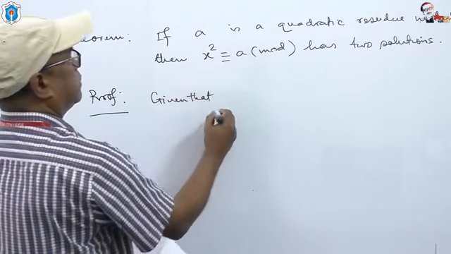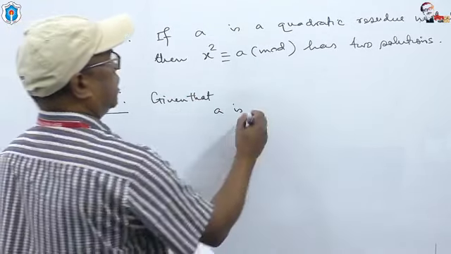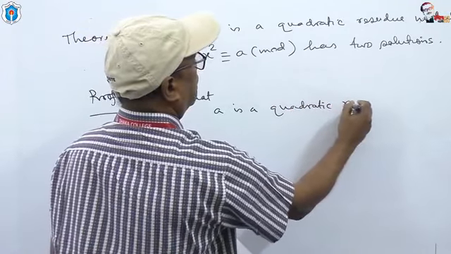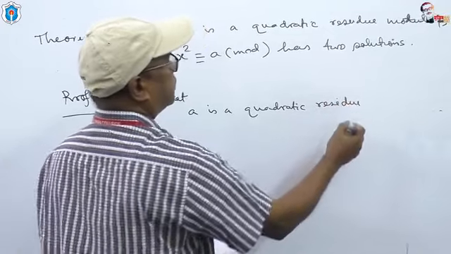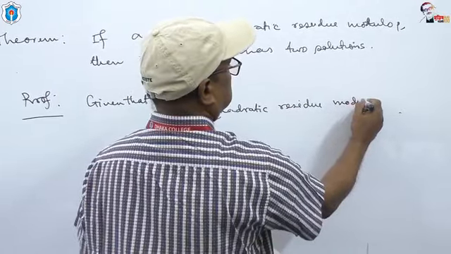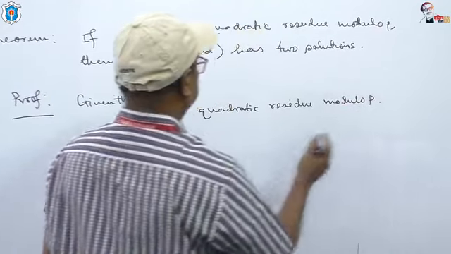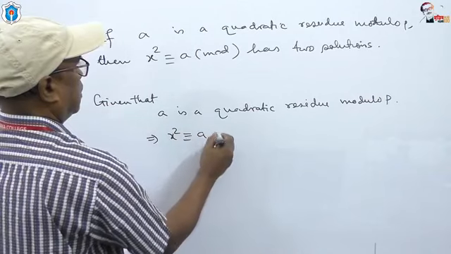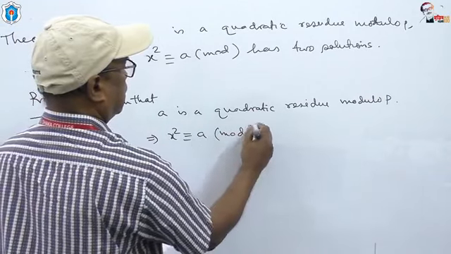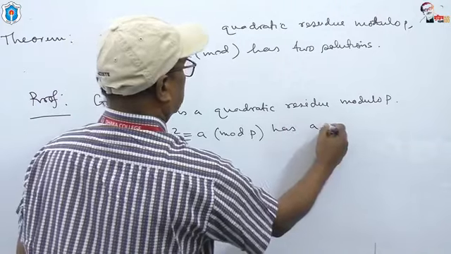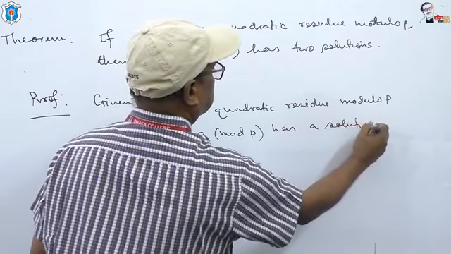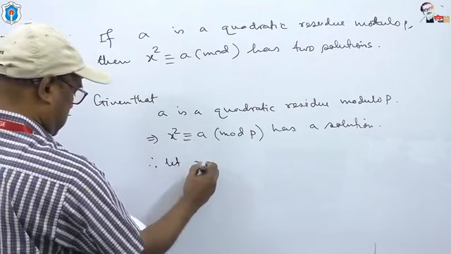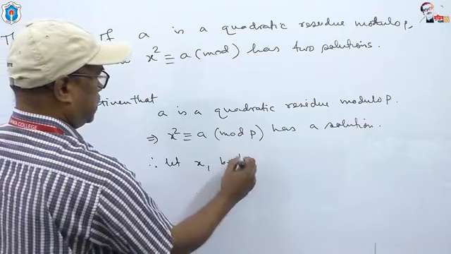Given that a is a quadratic residue modulo p, x square congruent to a mod p has a solution by definition. So therefore let x1 be this solution.